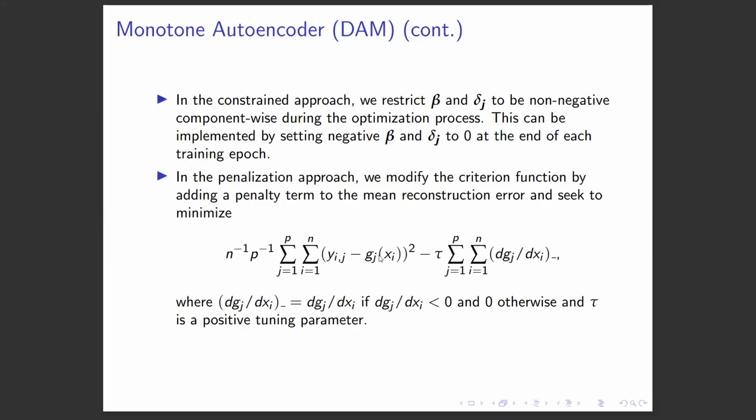In the constrained approach, we can analyze the function form, and it becomes clear that if we force the combination coefficients to be non-negative, we can achieve that. And the second way is a more gentle method to encourage positivity. We just put a penalty on the negative part of the gradient, and this can be implemented in the code.